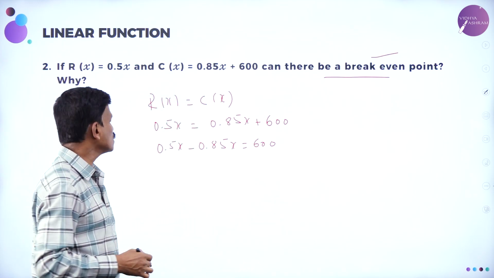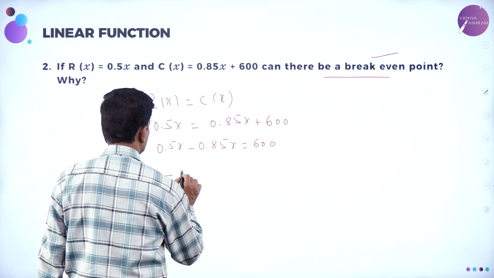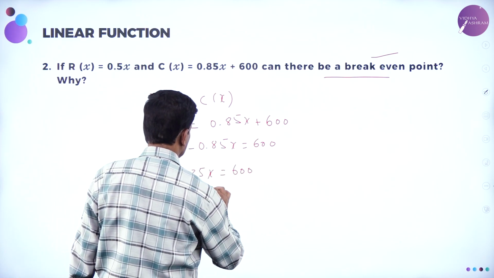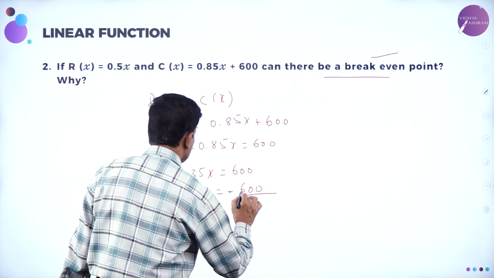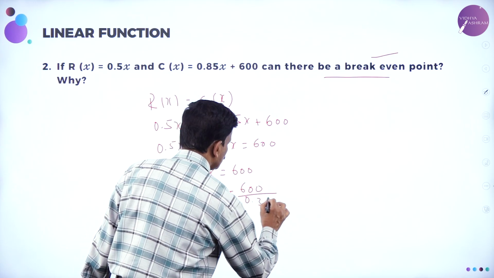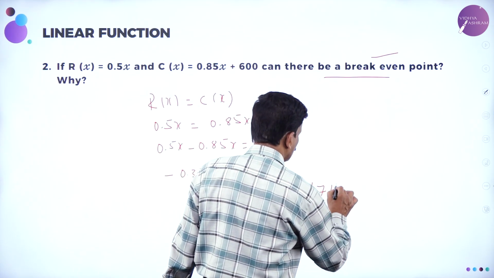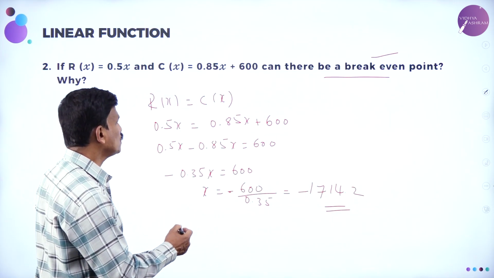What is 0.5 minus 0.85? Minus 0.35x is equal to 600. Therefore, x is equal to 600 divided by minus 0.35, which is equal to minus 1714.2. Since x is negative, x cannot be negative.